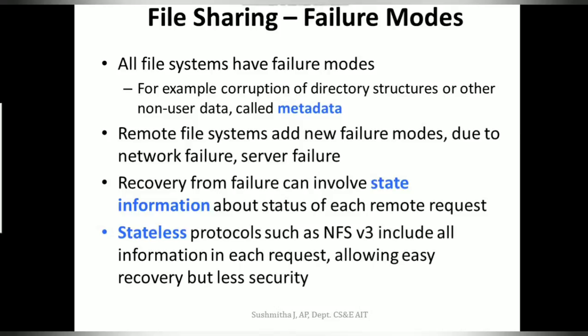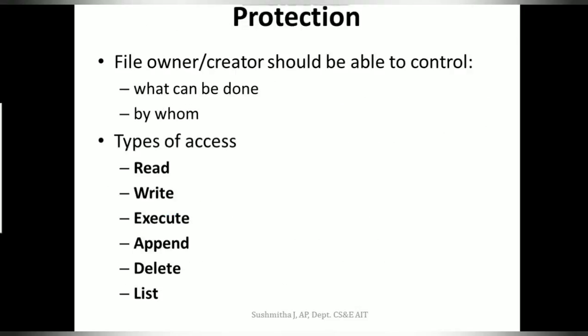So in file sharing, we discussed how a file is shared by a single user and by multiple users. The other thing that we look at is the protection scheme. So how could there be access control towards the file?